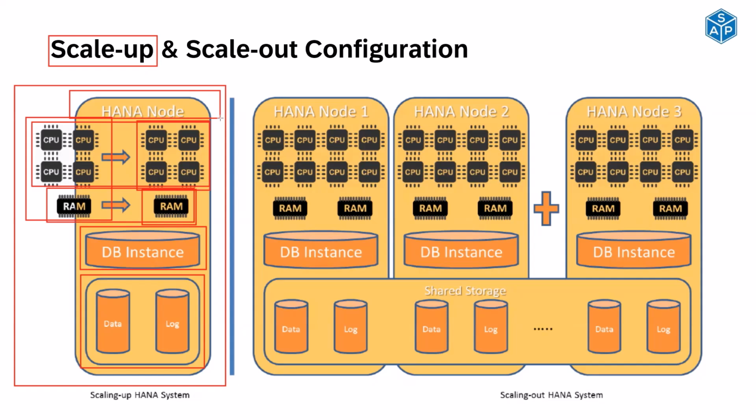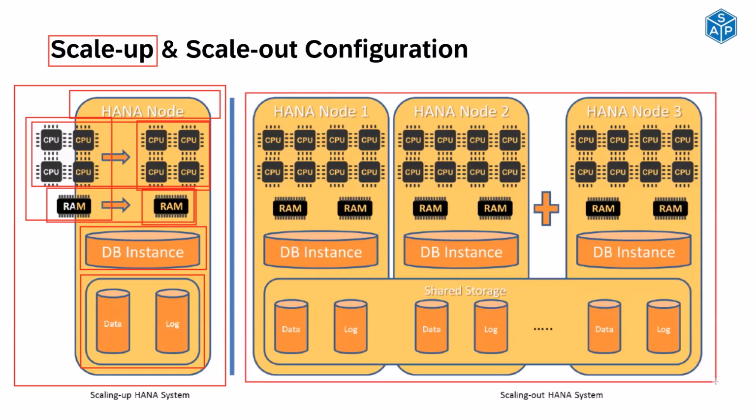When it hits the upper limit, you cannot grow horizontally, you cannot grow up. So what you will do, you will grow vertically. Instead of adding more CPUs and memory to your existing node, you will start adding more nodes to your existing system. Do you get this?